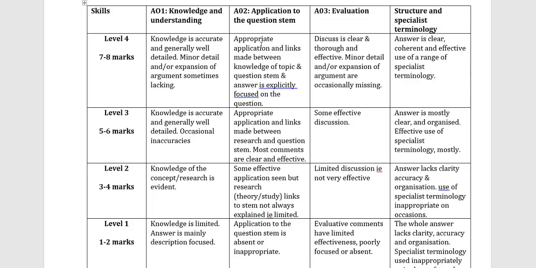Okay, so here we haven't really got an application with this particular question, but we do have evaluation. So you can see the different levels there, and you're trying to shift and ensure you can get more detail and more accuracy of terminology, as well as expanding on these evaluative points in order to get up to level 4. And that's it.